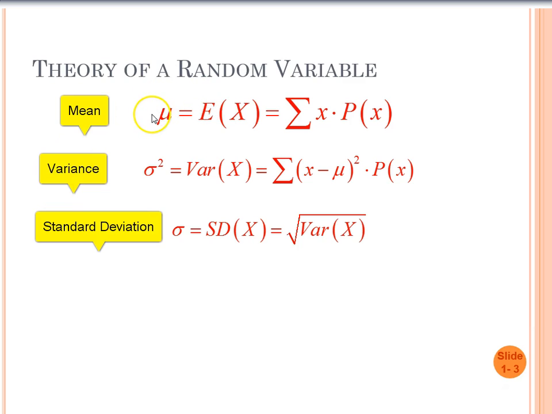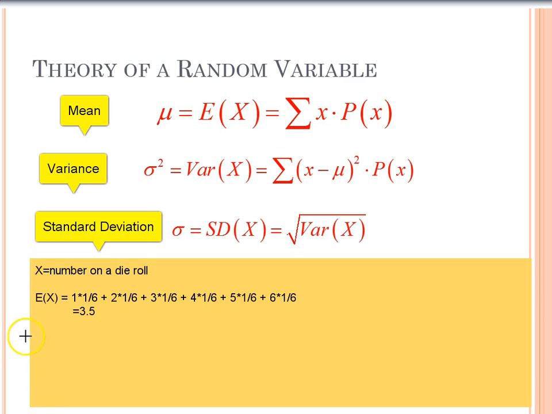Well, the mean of a random variable we often think of as the expected value, and that's why this is notated with an E. So the expected value from a die roll is going to be each particular outcome times the probability that it occurs. Then you sum up all of those outcomes multiplied by their probabilities. And once you do that, you have the expected value of that random variable.